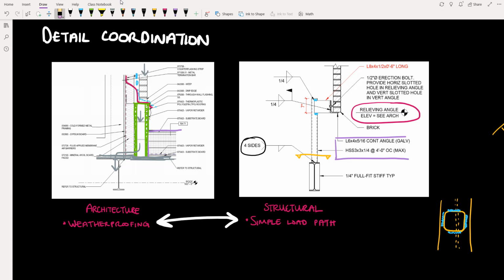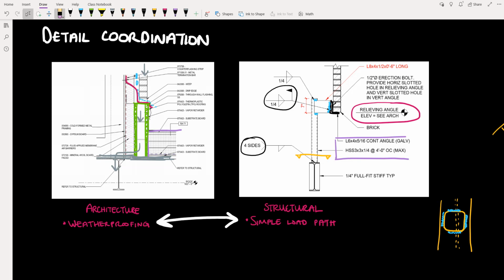Then, once that all arrives on site, there is the continuous relieving angle that is field welded, again with a fillet weld on both sides, to our angle that connects to the post. And ultimately, that is what is supporting our brick.